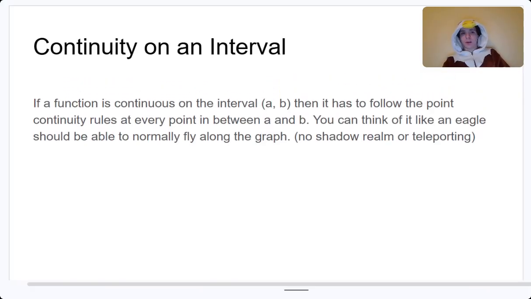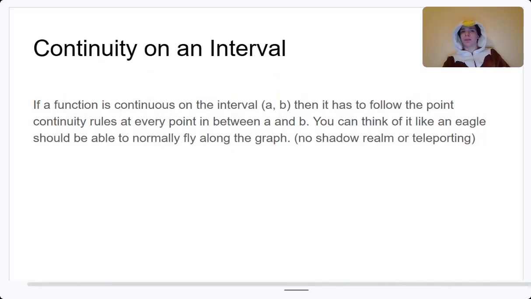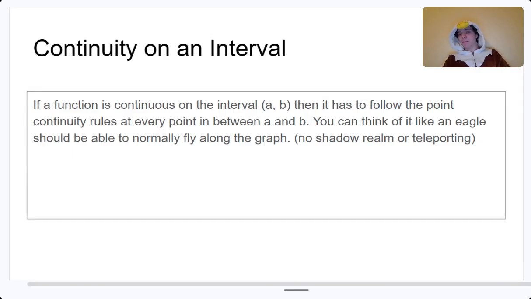Now let's look at the second topic, which is continuity on an interval. So for a function to be continuous on the interval a to b, it has to follow the rules for continuity at a point in every point between a and b. So a good way to think about this is an eagle flying across the graph.